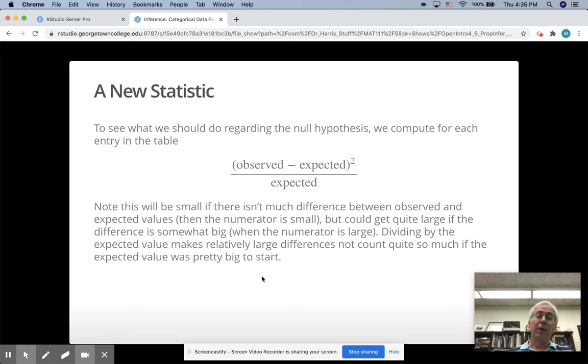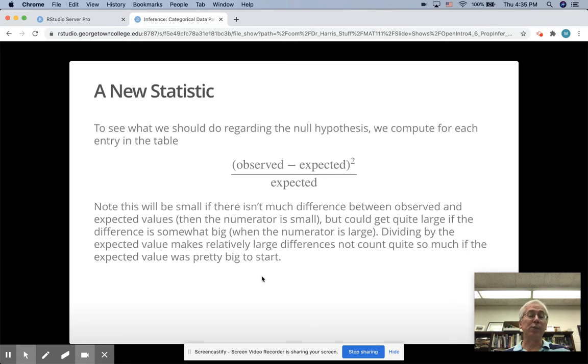So if the null hypothesis is correct, the numerator should be kind of small. And even in those cases where the difference is kind of big, as the difference gets bigger, the square gets bigger. If we had a large expected value to begin with, then we shouldn't count that against things too much, because we should expect greater deviations the more people that are involved in the survey.